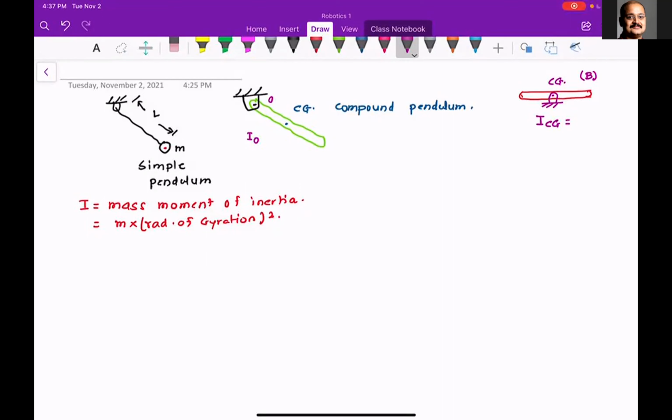So always remember this. Mass moment of inertia, that property is dependent on where your point of rotation is located. If the point of rotation coincides with the center of gravity, that is called as principal moment of inertia. If at some other point, that would be called as non-principal moment of inertia.